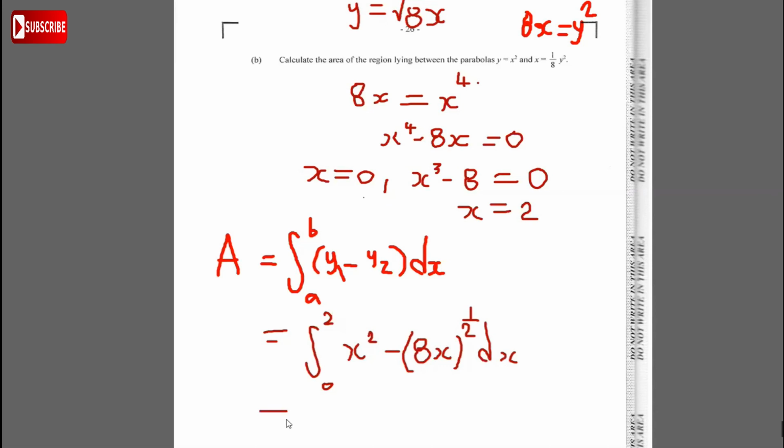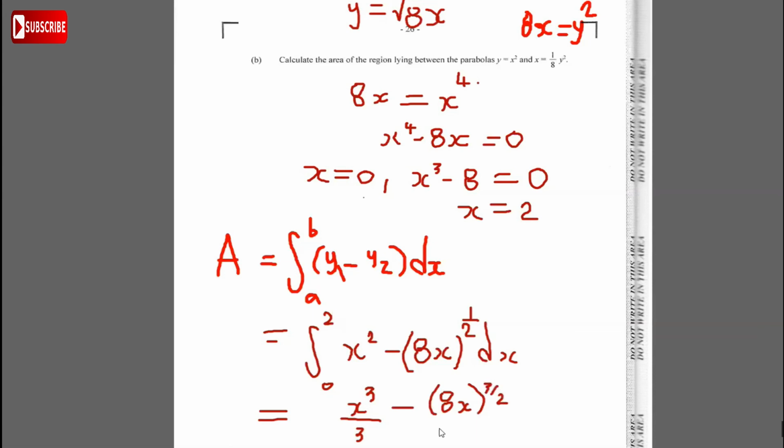Doing this integration, we add 1 to the power to get x cubed, divide by the power of 3, minus, we add 1 to the power to get 8x to the half plus 1. A half plus 1 is 3 over 2.